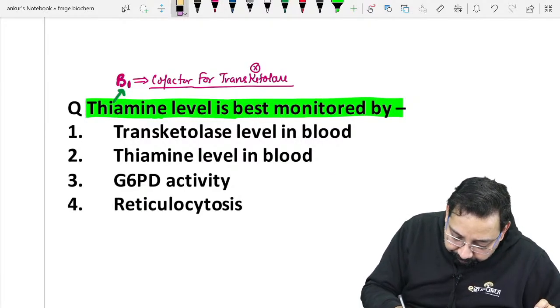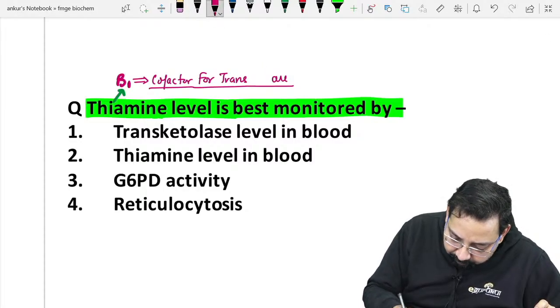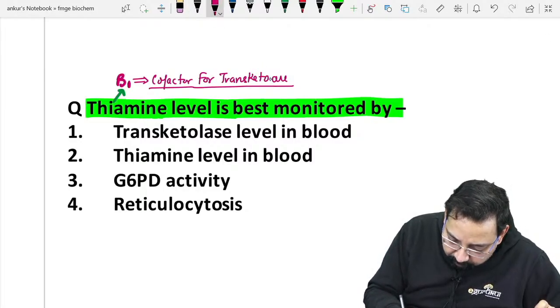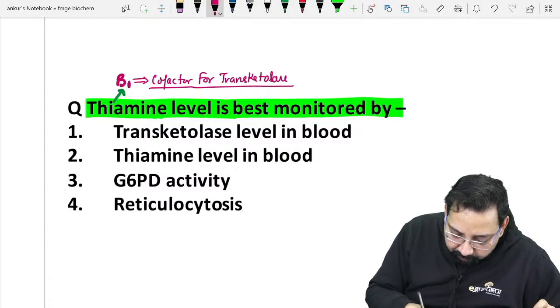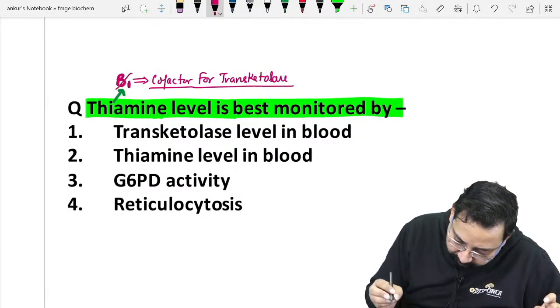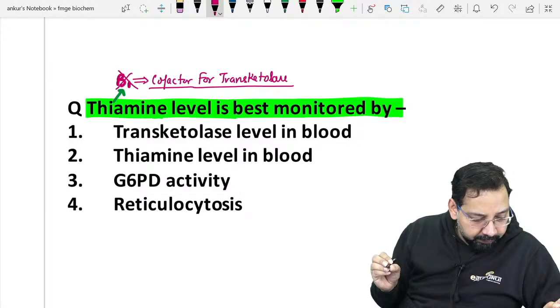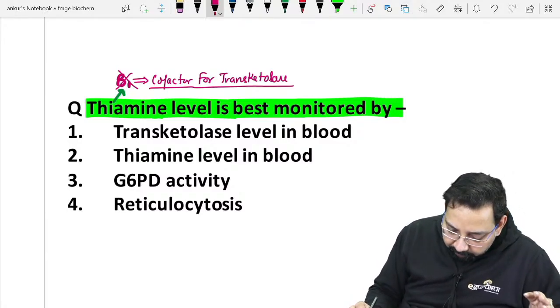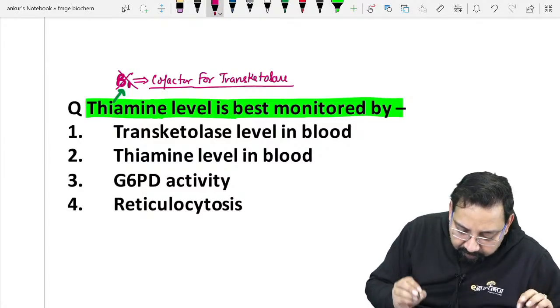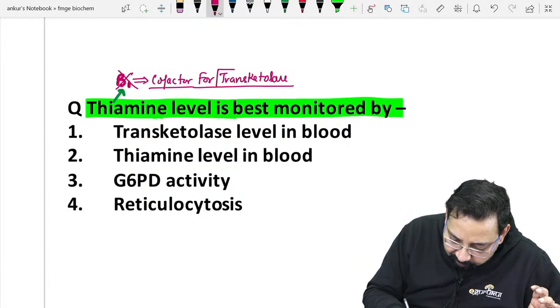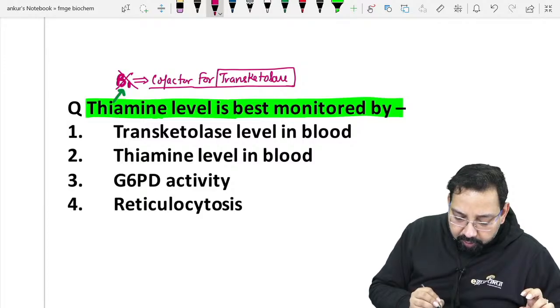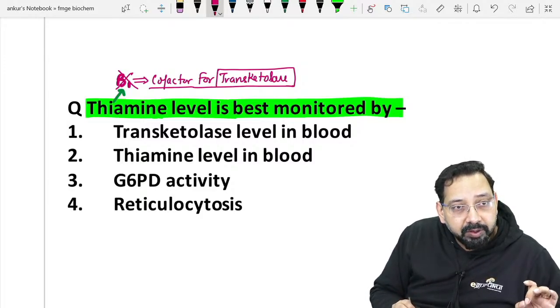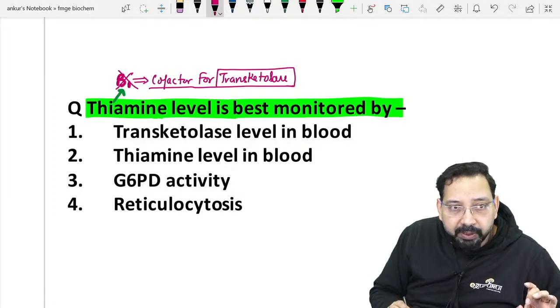If B1 is deficient, very good, you are giving replies. Then transketolase will not be able to work. Thiamine is vitamin B1; if B1 is deficient, transketolase would not be able to work.